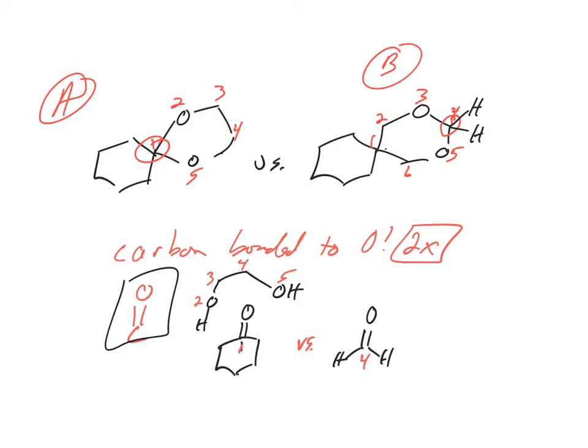So the alcohol had to be that. 1, 2, 3, 5, 6. Right? The key to all these problems is identifying the carbon that's bonded to the two oxygens.